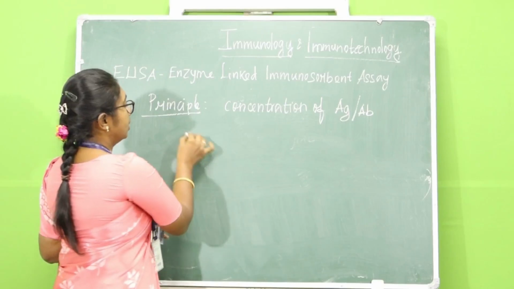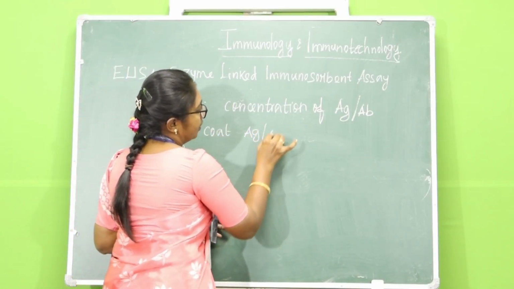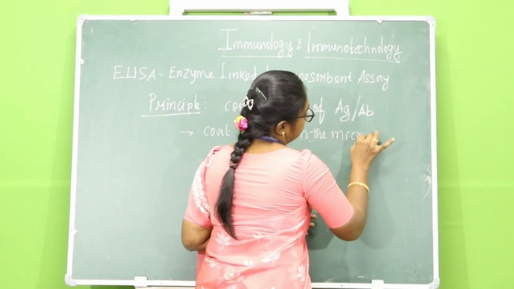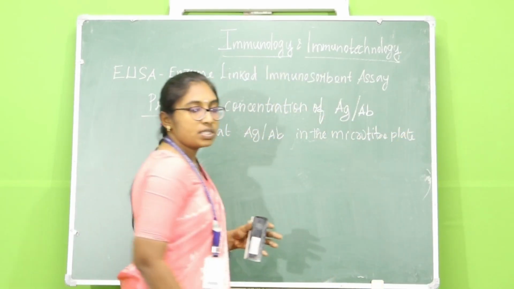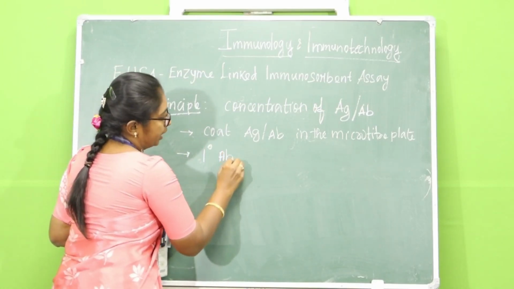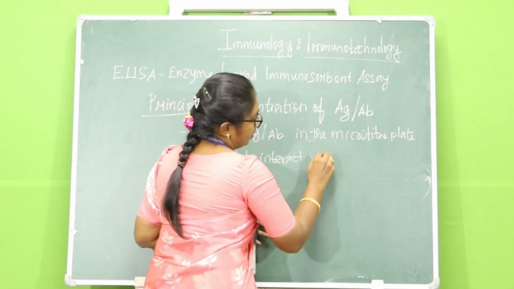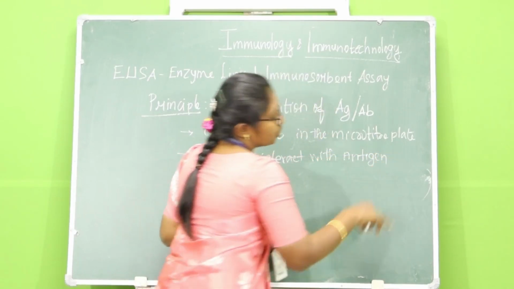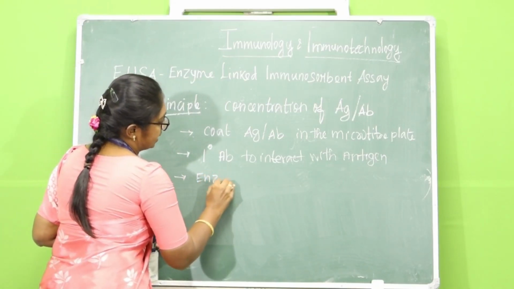In this method, we coat the antigen or antibody in the microtiter well plate, to which we add a primary antibody to interact with the antigen. To this, we add an enzyme-linked secondary antibody.